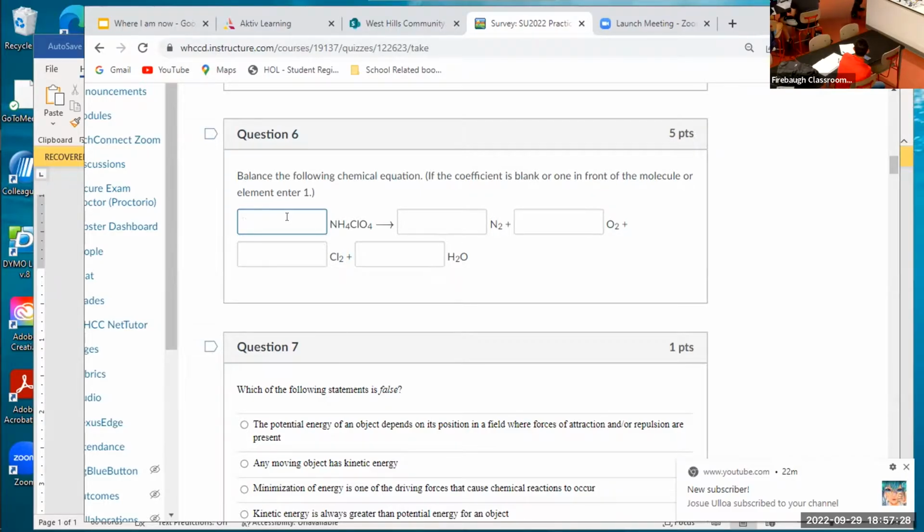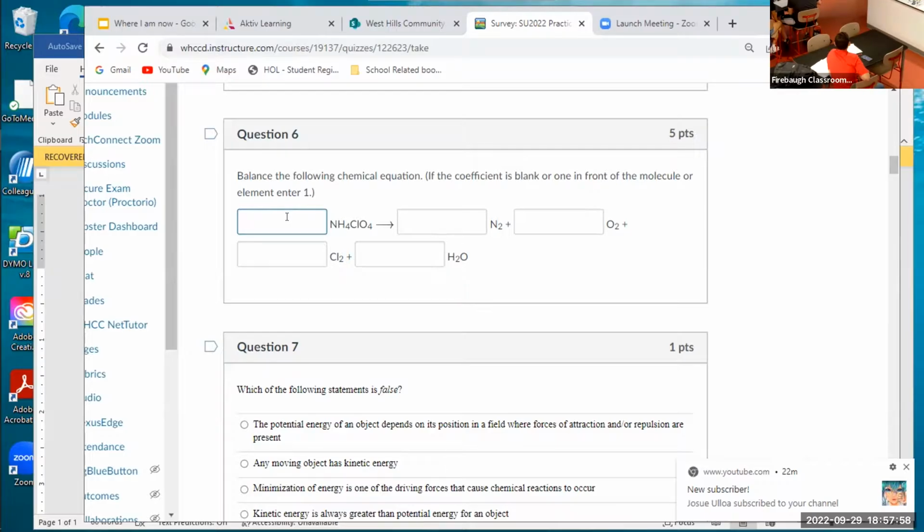You said this amount, N H Cl. So N is one, and then two on this side. Okay. Three on the other side. Yeah, that's on the other side.